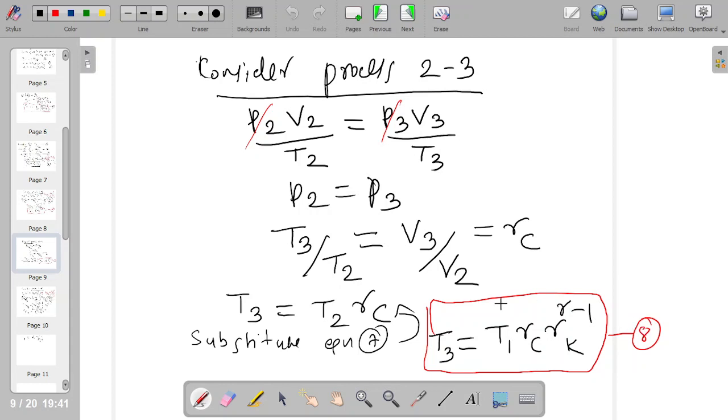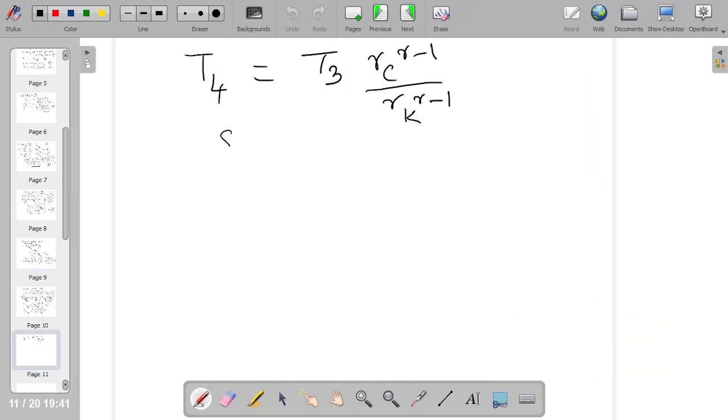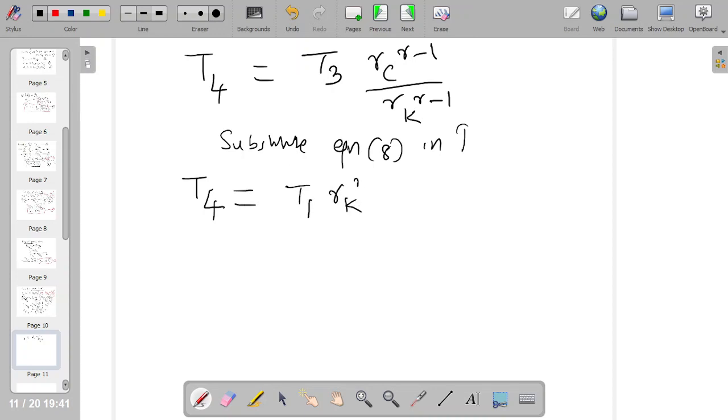So we have equation 8: T3 is equal to T1 into this. Just substitute that. Substitute equation 8 in the above expression. So what will we get? T4 is equal to, T3 is nothing but T1 RK raised to gamma minus 1 into RC.